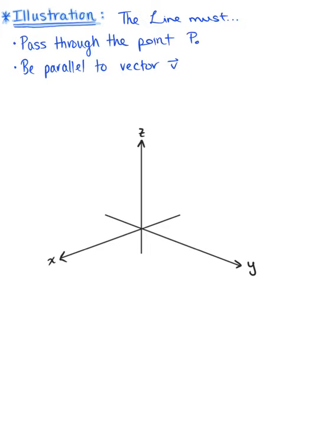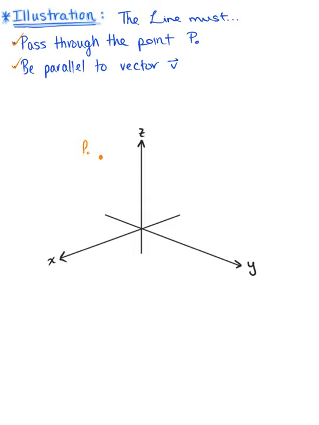All right, so here we go. Let's think about what this equation of a line looks like in space. We know two things right off the bat. We know that the vector-valued equation of the line must pass through the point P naught, and it must be parallel to vector v. So let's say here's our point P naught.